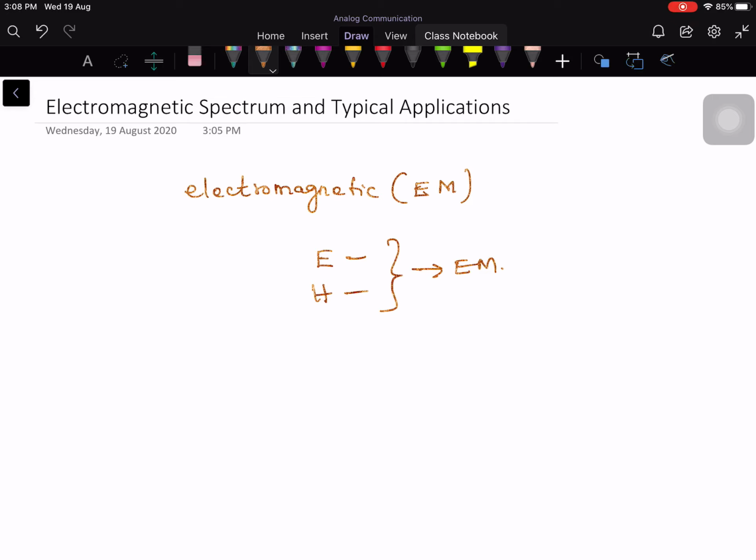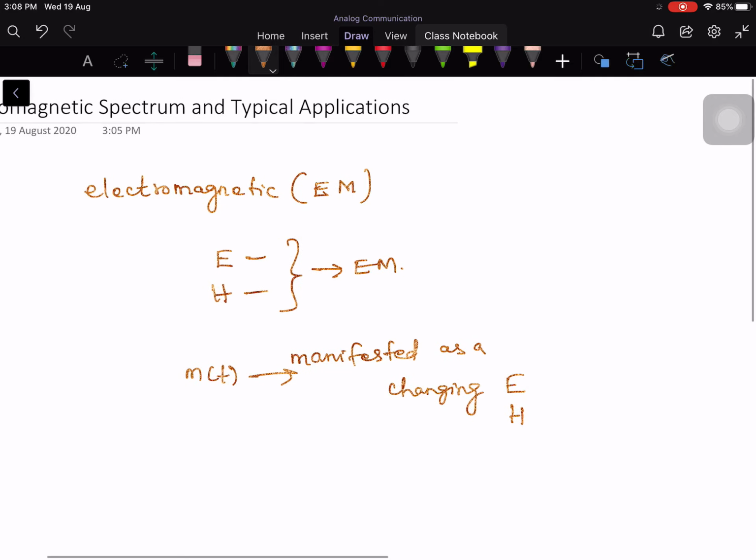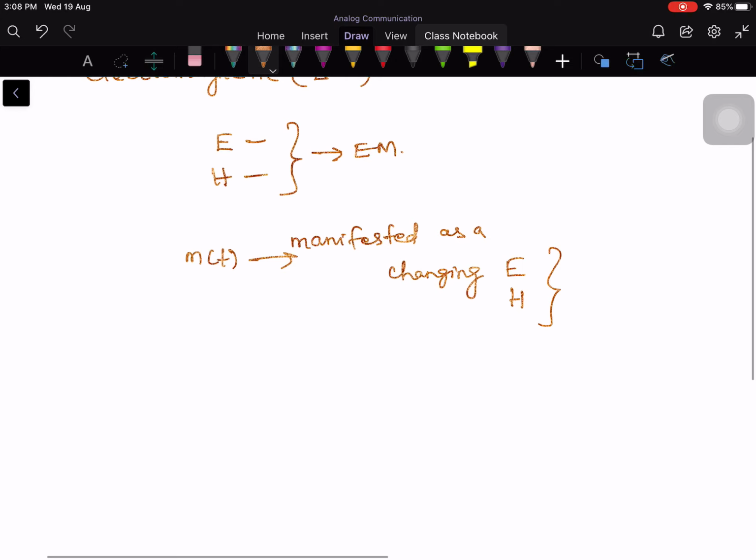So you have the message signal, and the message signal is manifested as changing electric fields and magnetic field intensities with a specified number of oscillations per second, how fast it is oscillating. So the oscillations are sinusoidal in nature.